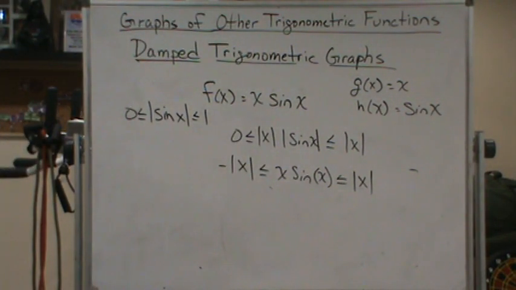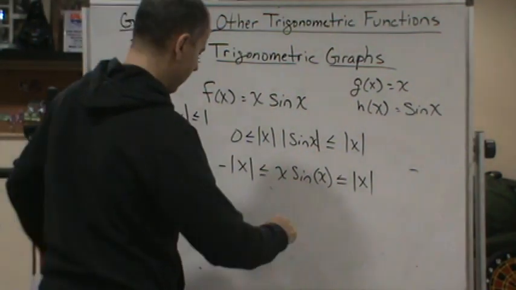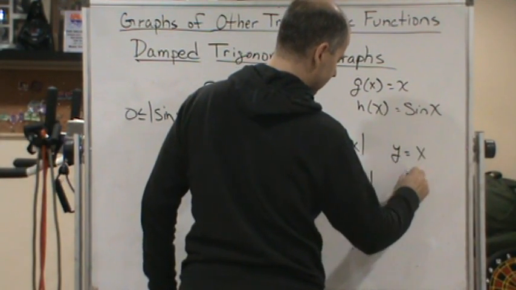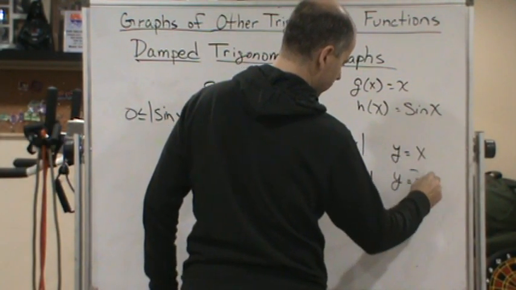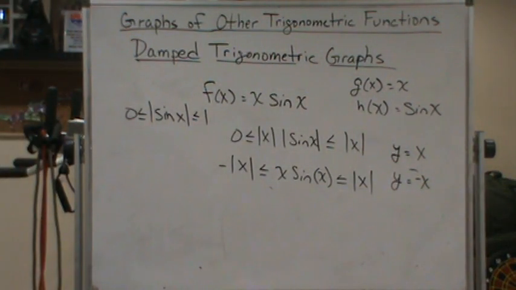Okay? And so what this means is this graph is going to bounce between what? It's going to bounce between y equals x and y equals negative x. So it's going to be between those two lines.